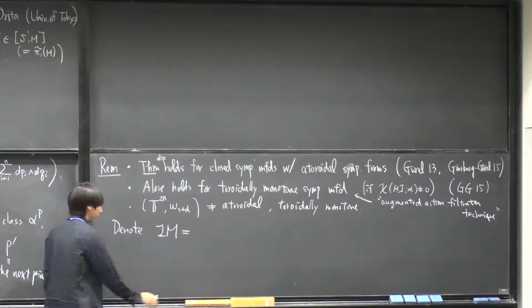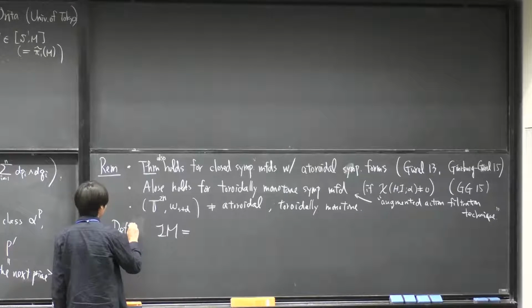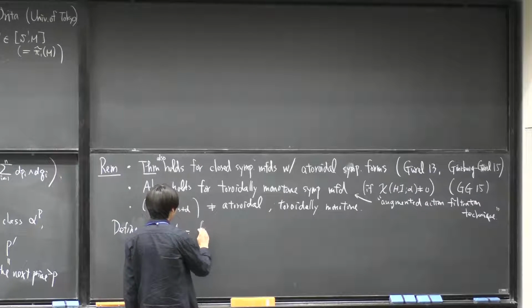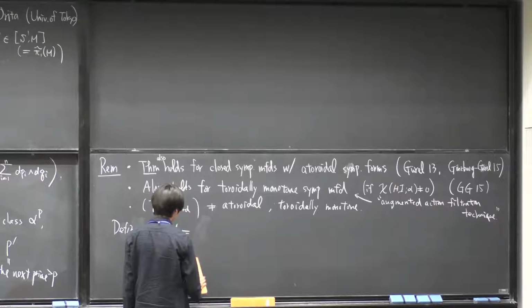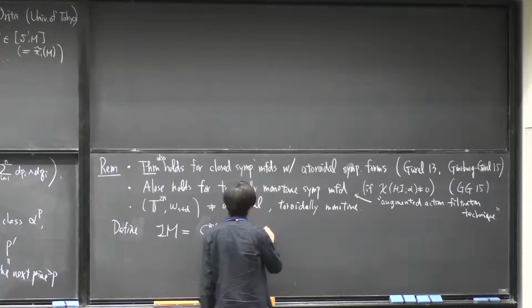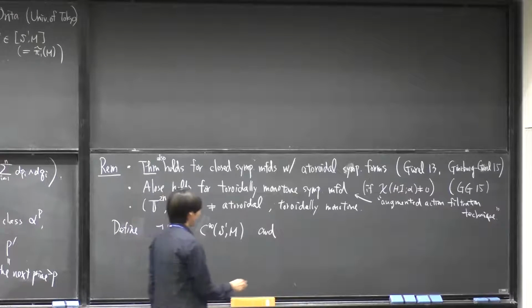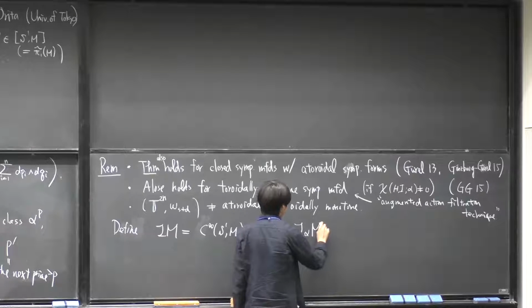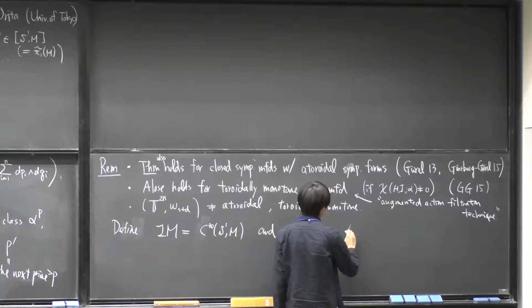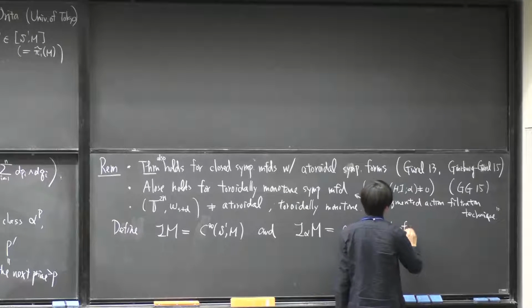Define LM to be the set of free loops in M, and for a free homotopy class alpha of free loops, let L_alpha M be the alpha component of LM.